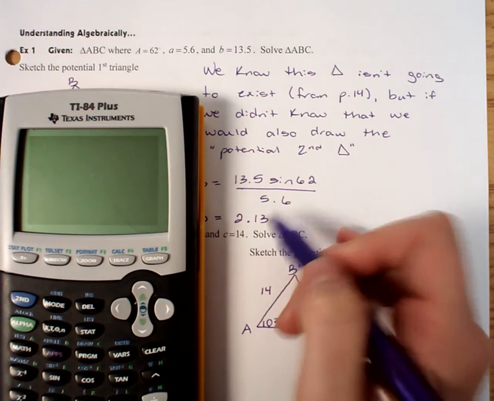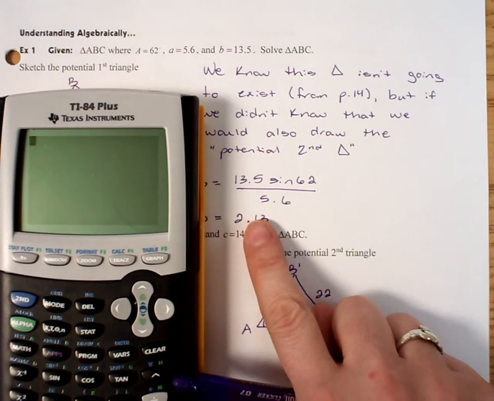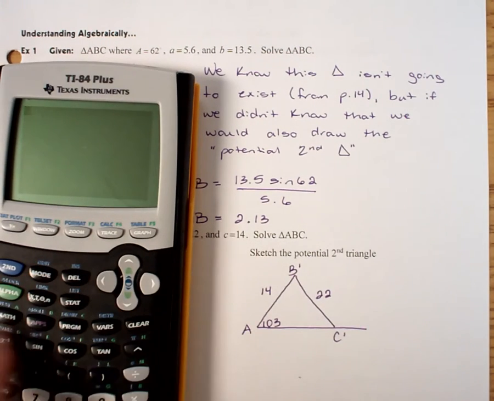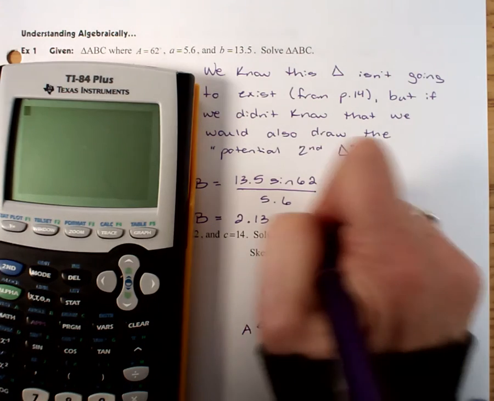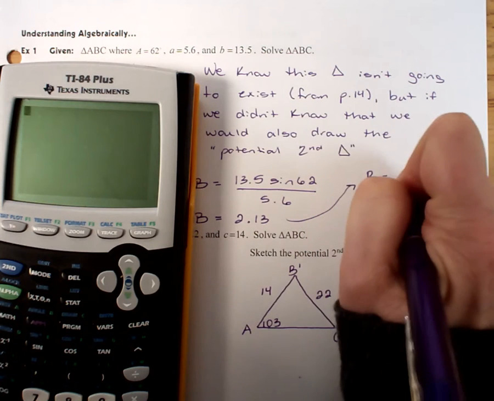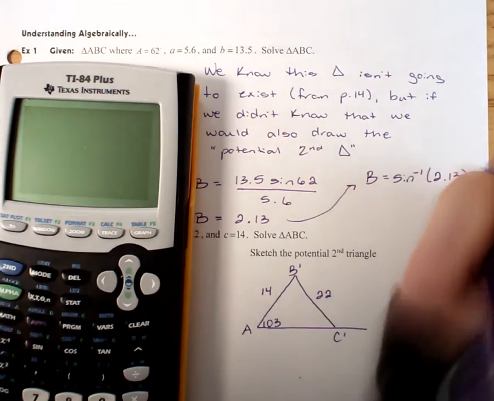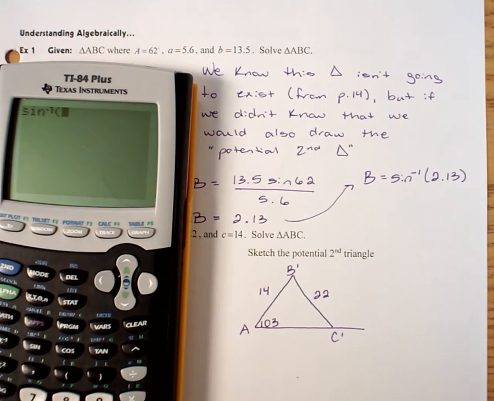We can think graphically. Now, let's say we don't catch the warning right here. If we try to find the angle in our calculator, we type B equals the inverse sine of 2.13.